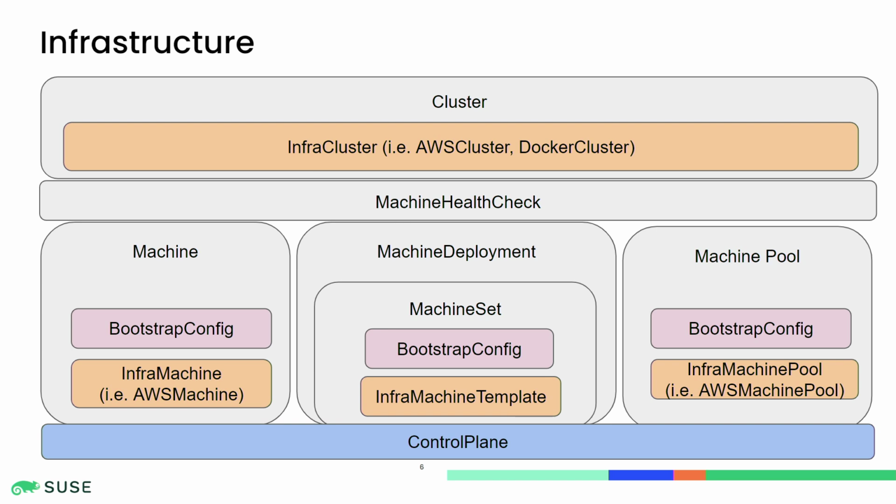And the infrastructure cluster is mapped one-to-one with the cluster CRD, and it represents the base infrastructure required for the cluster, things like networking, security groups, and down there are the machine and infrastructure machine CRDs.